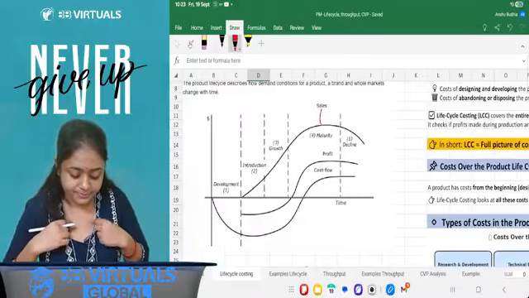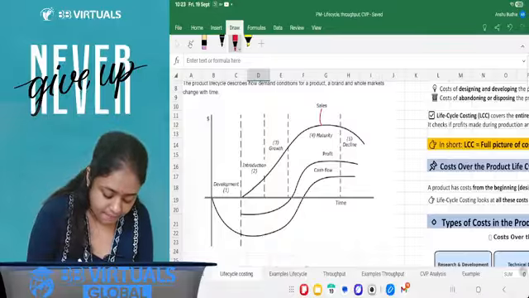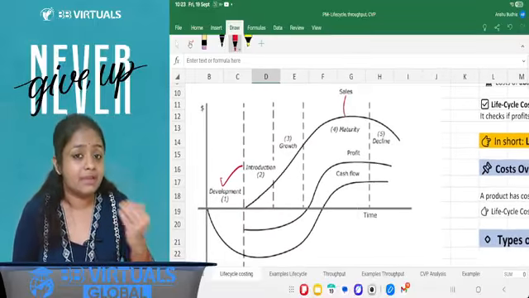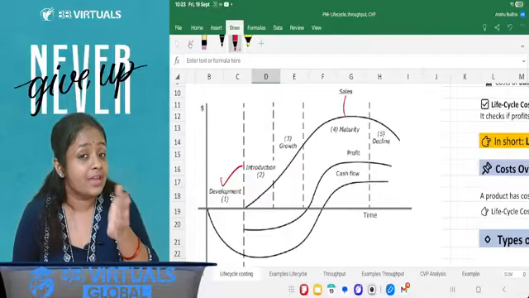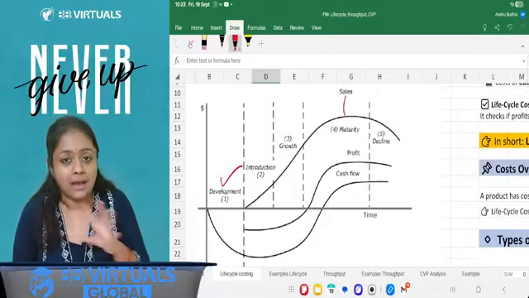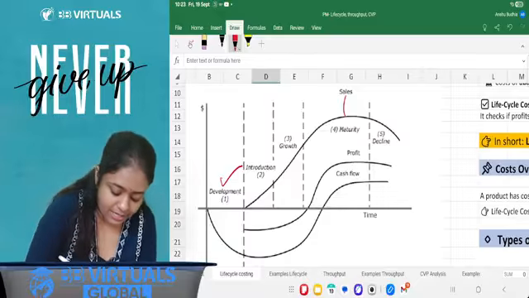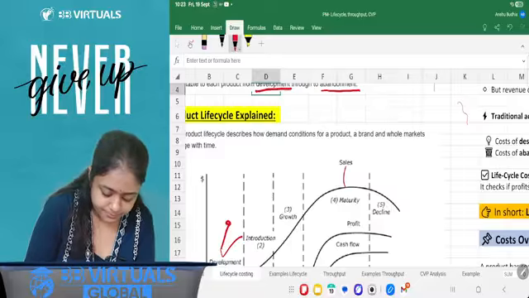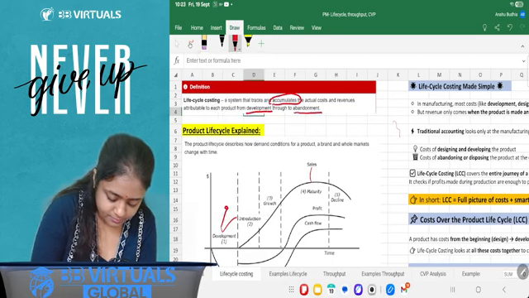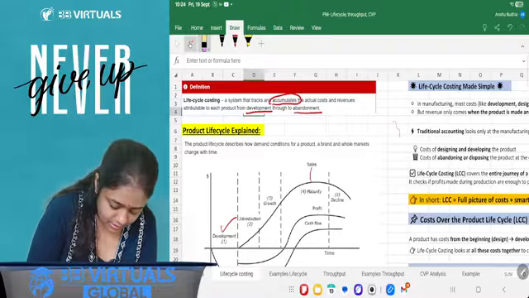Okay, now quickly. Before we introduce the product to the market, we have the development phase. Development phase is basically when the product is getting developed. And even before developing the final product, we have the research expenses, right? So we have research expenses, and then market research is done, product is finalized, then we go to the development of the product. And here we have the designing also.